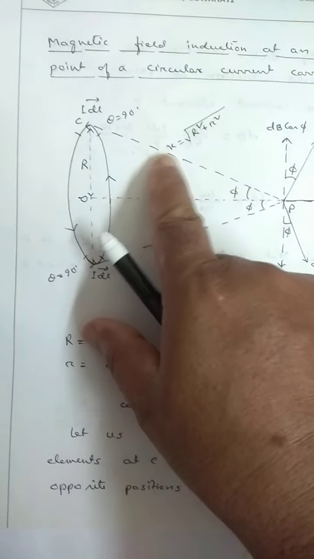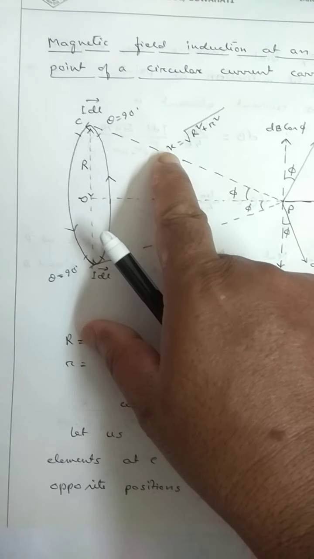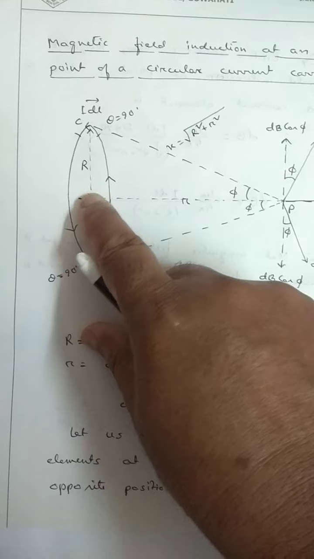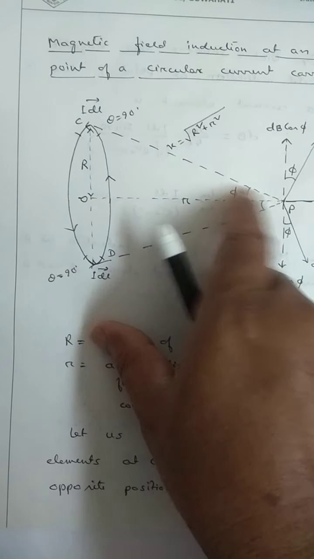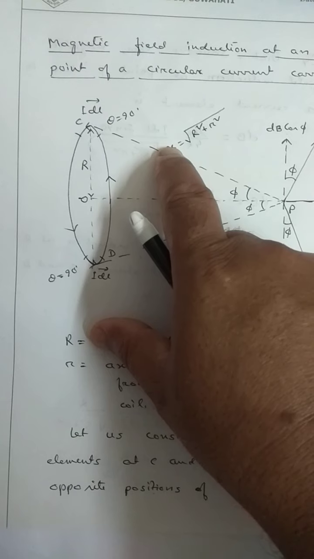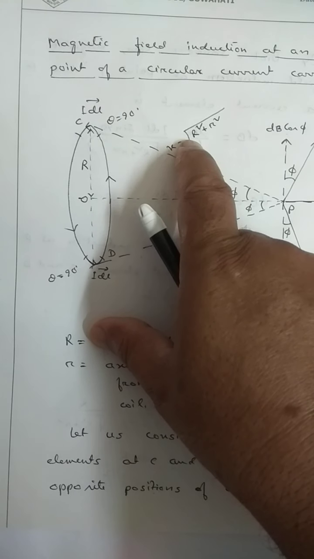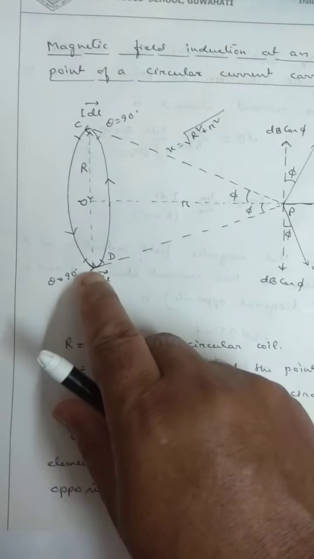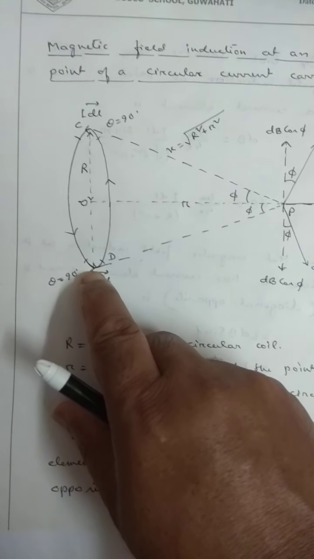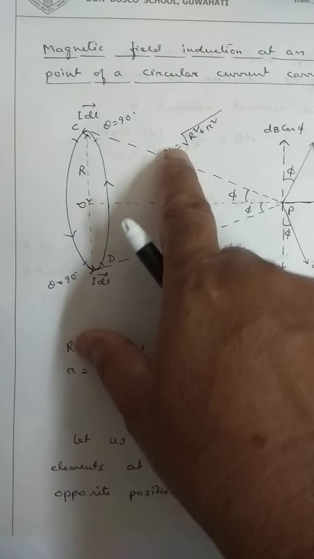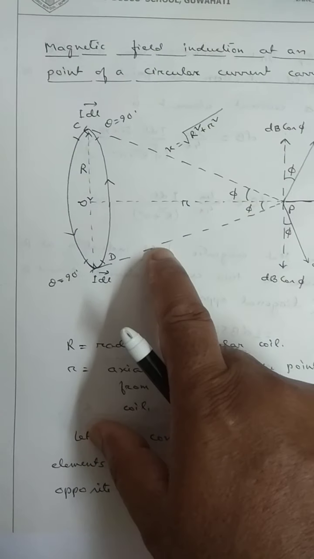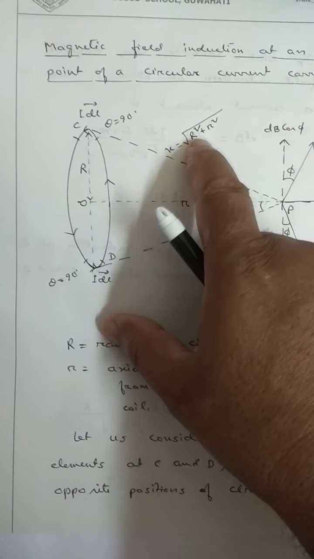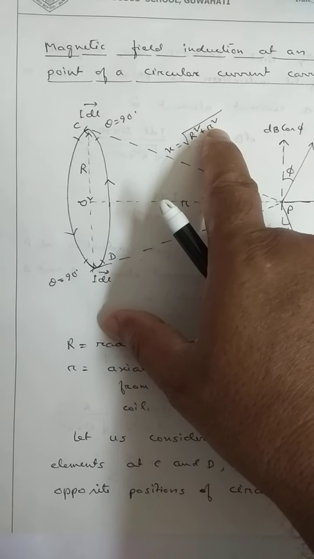What is the magnitude of the position vector? This is small r, this is capital R. According to the Pythagoras theorem, the length of this position vector is the square root of capital R squared plus small r squared. The diagonally opposite current element is also at a distance x equal to the square root of R squared plus r squared.